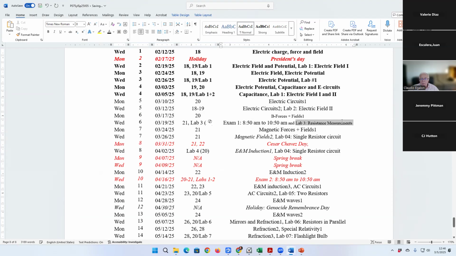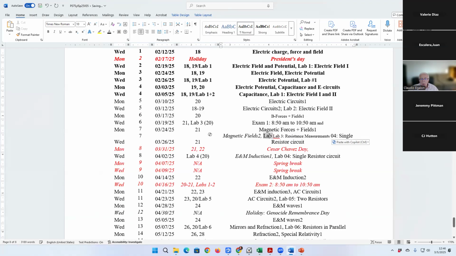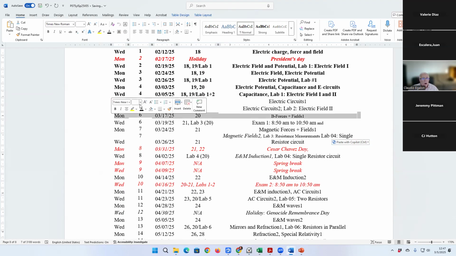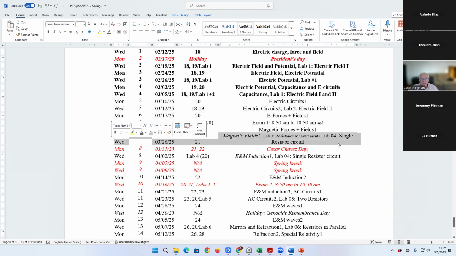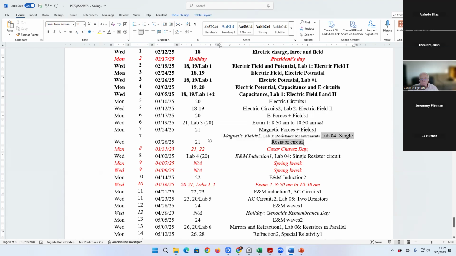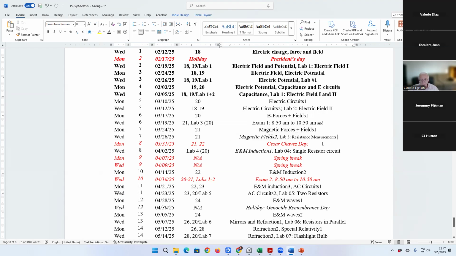This lab 3 is going to be, my goodness, on the other. This one's going elsewhere. The Chavez Day.